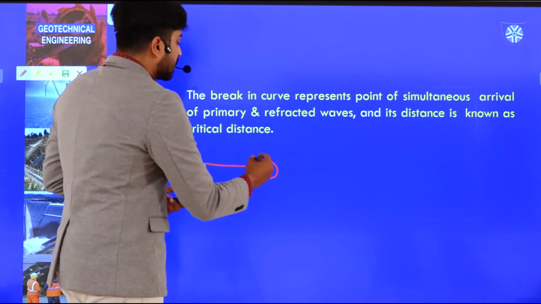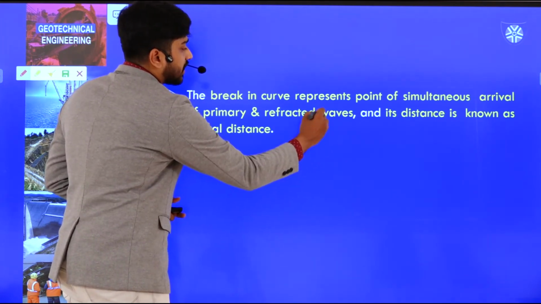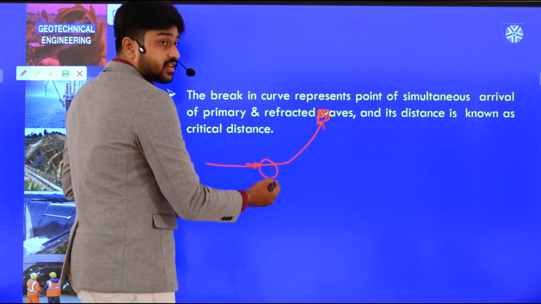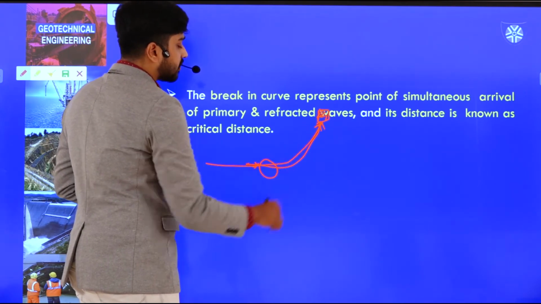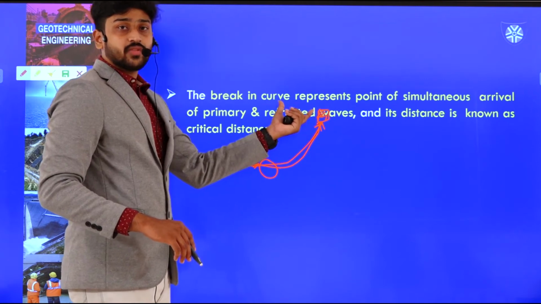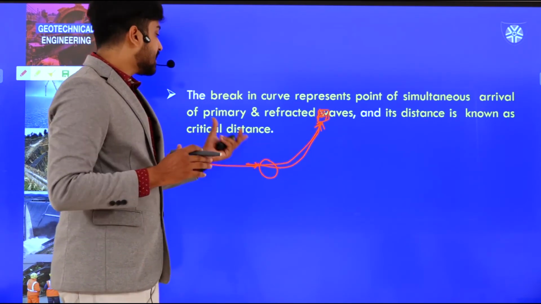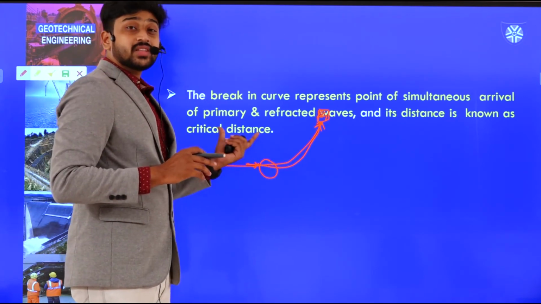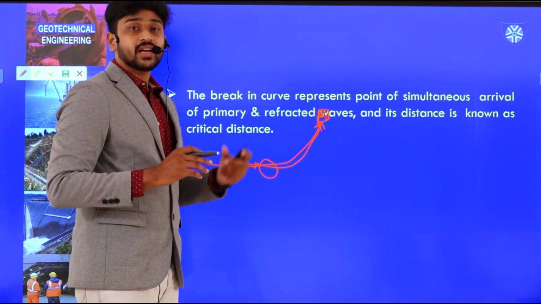One wave may pass and be recorded at the geophone here, while the refracted wave will have a small lag and be detected at this geophone later. Whenever this lag is there, the distance can be understood. That is nothing but the critical distance.